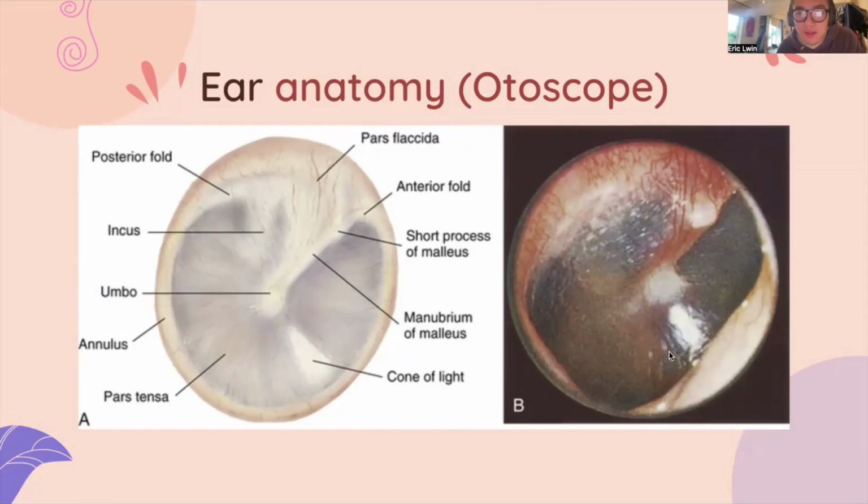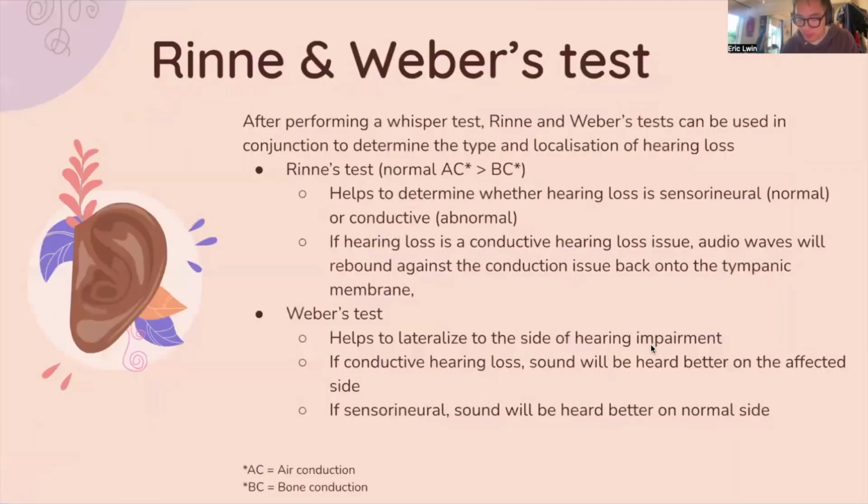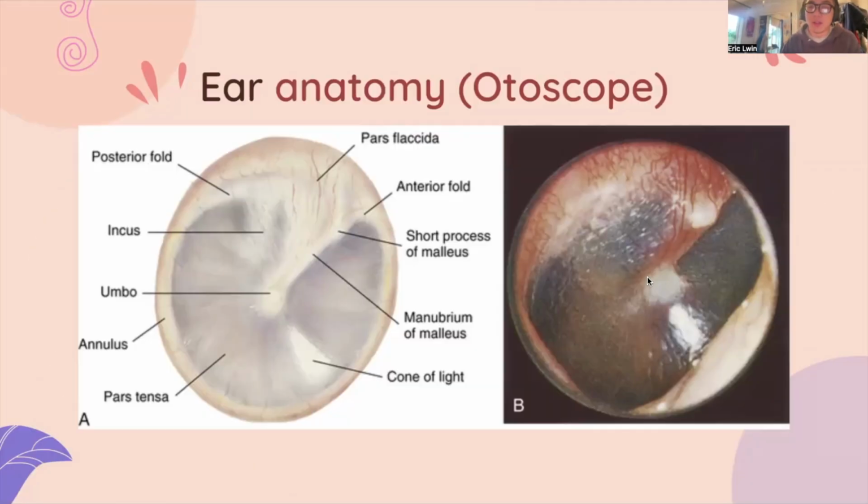The other thing is the cone of light, which is typically reported as a light reflex on your examination. There should be a positive light reflex. If that isn't present, that indicates there may be some bulging behind the tympanic membrane, leading to a kind of refractory error. I'm not actually sure if that's the correct word, but basically the cone of light can't be reflected as normal.